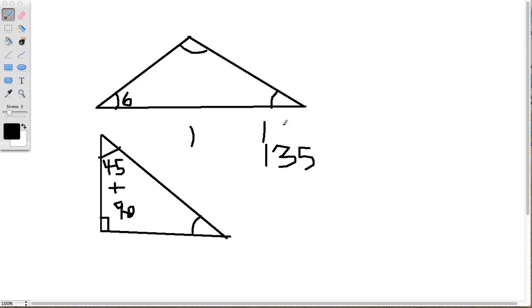I just told you. So 180 minus 135 will give this angle left. So 180 minus 135 will give us 45. So this angle is 45 degrees.